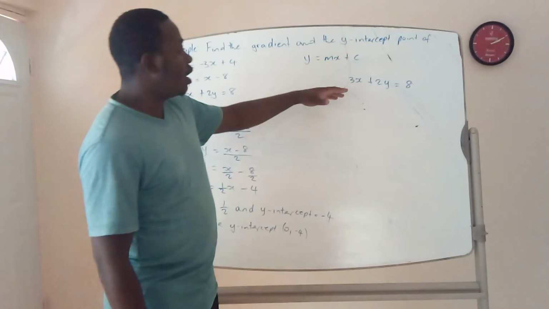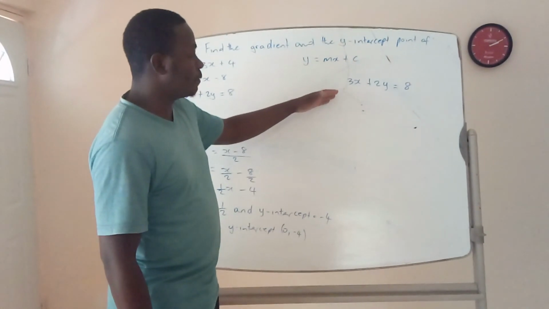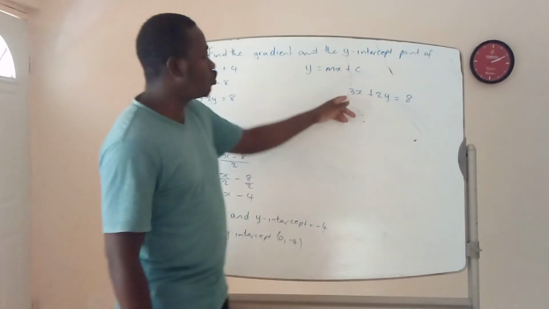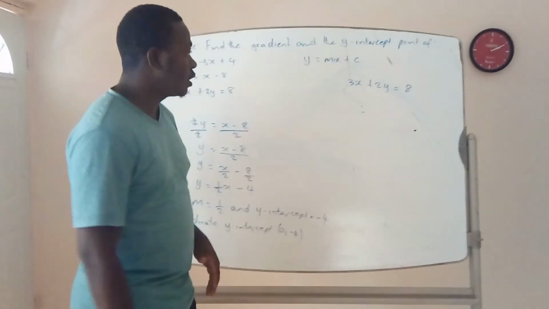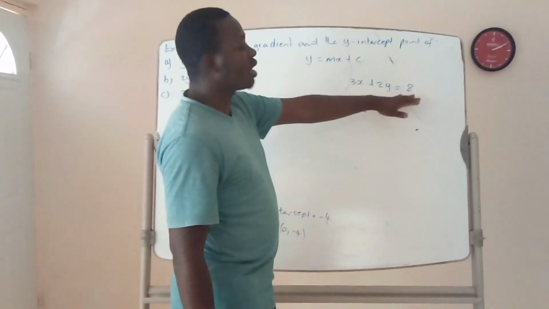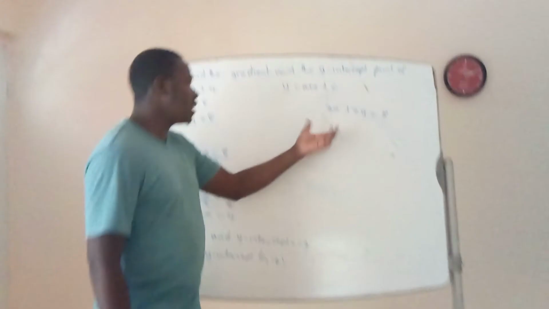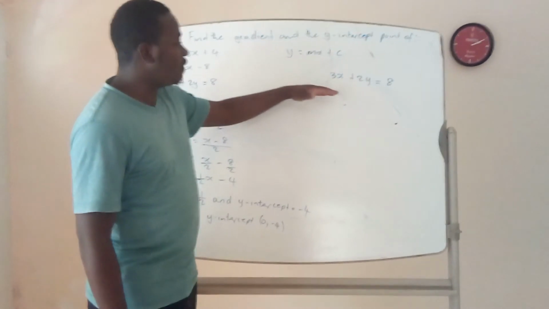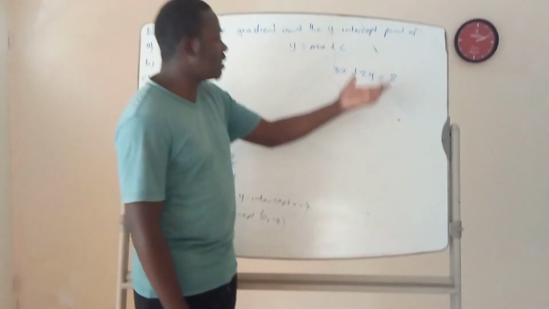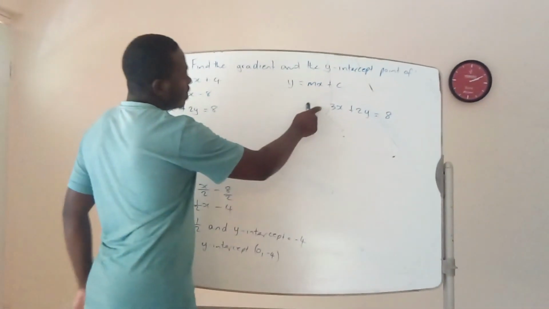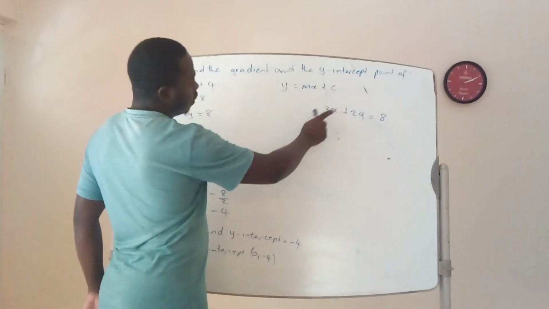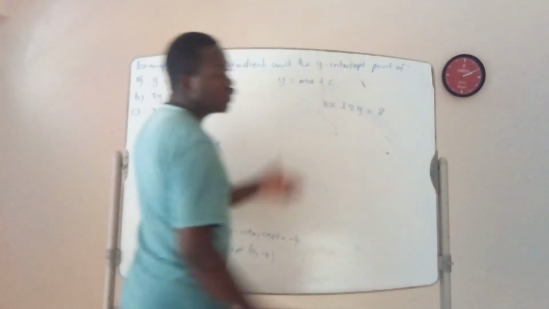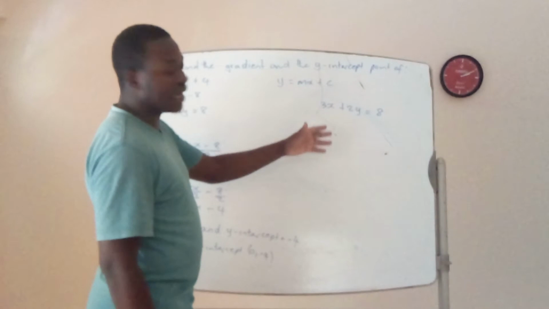Now, on the left hand side, we notice that we have 3x plus 2y. On the right hand side, we have the constant 8, which means that we don't want this 3x on the left hand side. We want it on the right hand side. Now, because this is a positive 3x, in order to get it on the other side, we need to subtract 3x, right?